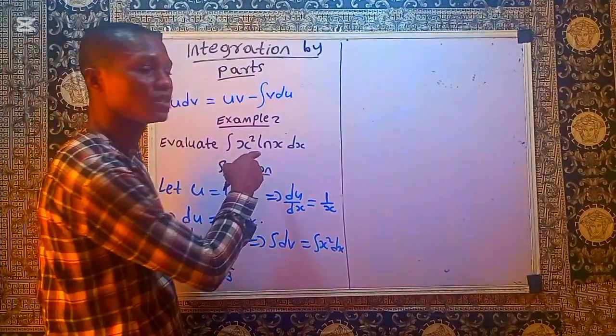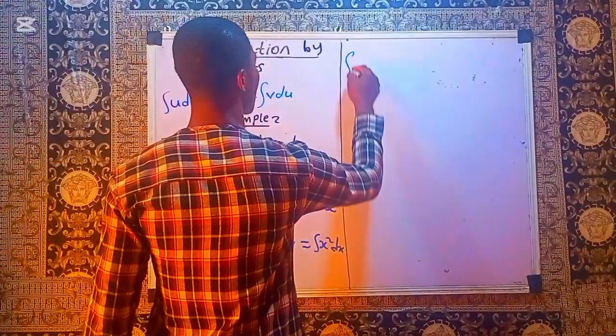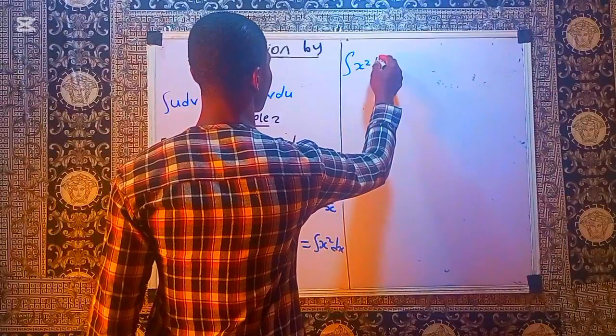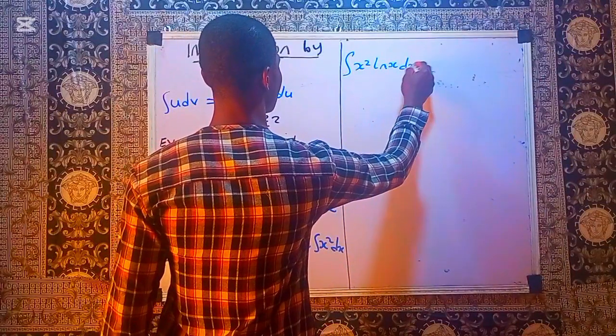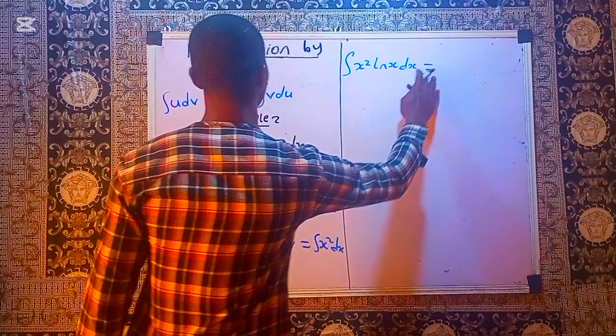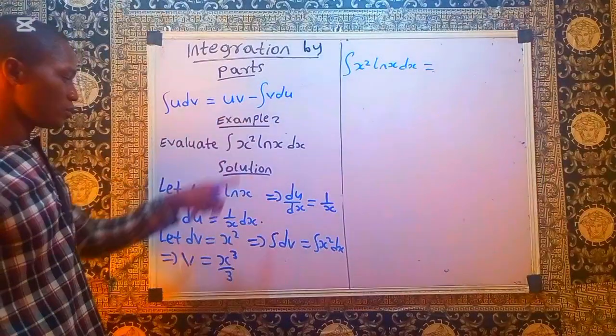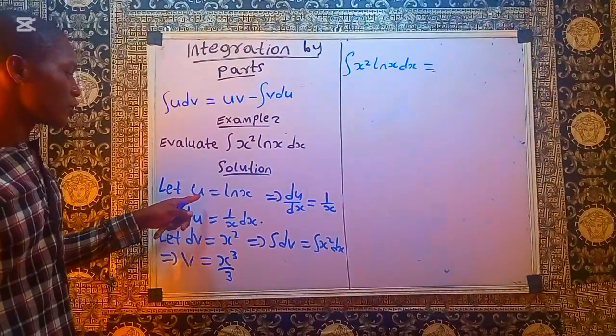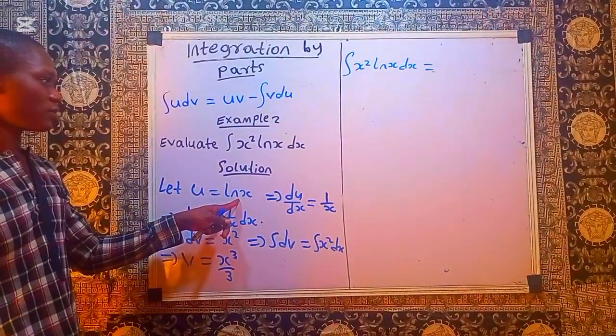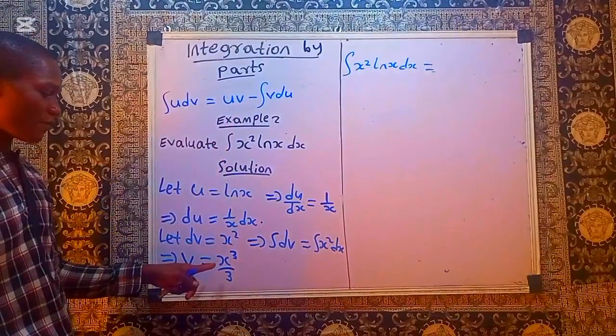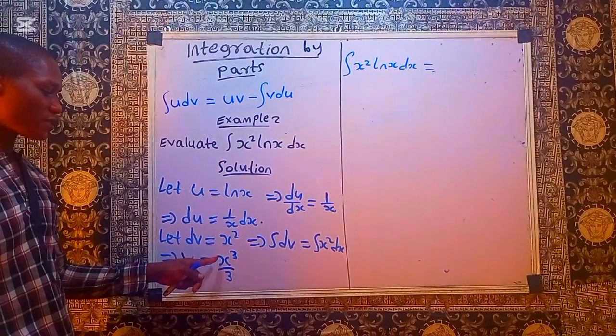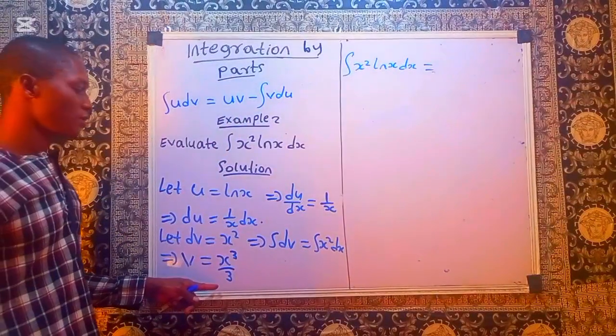Then we can proceed to use the formula. So I'll have the integral of x squared ln of x with respect to x will be, the formula says uv. Which one did we call our u? Our u is ln x. What is our v? We calculated v to be x raised to power 3 divided by 3.